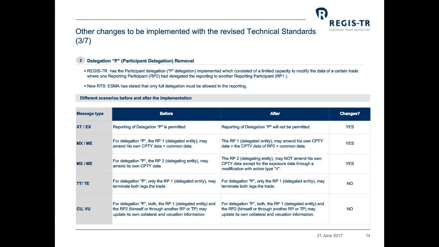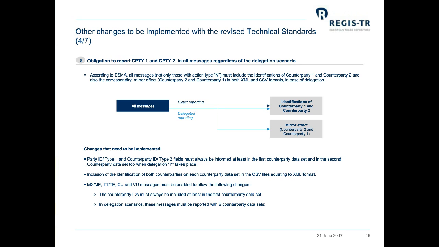Detailing further these changes, we have point number 4, which refers to the CSV and XML harmonization. REGIS-TR has developed a harmonization between the CSV and XML files, which includes the new fields, the adjustments and adaptation of current fields imposed by ESMA due to the new revised technical standards, alignment of fields, order, and reorganization of all of them.